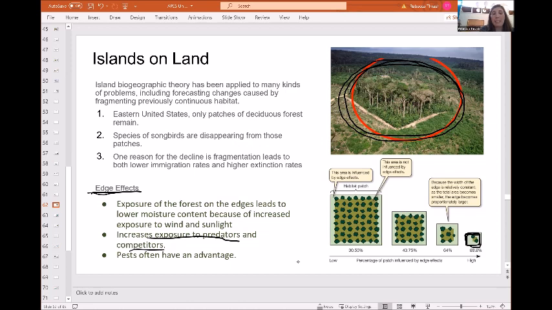It also makes it easier for pests to move, which then makes the habitat less conducive to the native species that are there. And it can mess up all those abiotic factors that we talked about. Think about these trees here. These trees used to be insulated by all these other trees. So the wind wasn't as strong, maybe the temperature was more steady. Now they're exposed to environmental extremes.